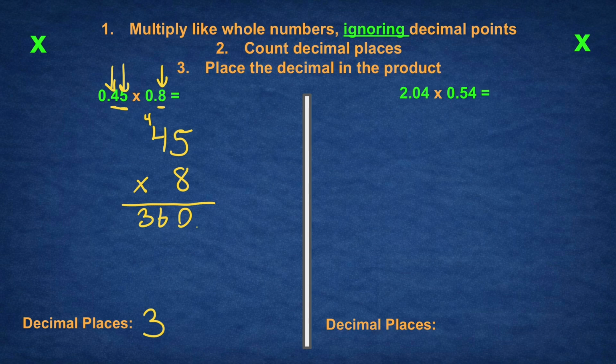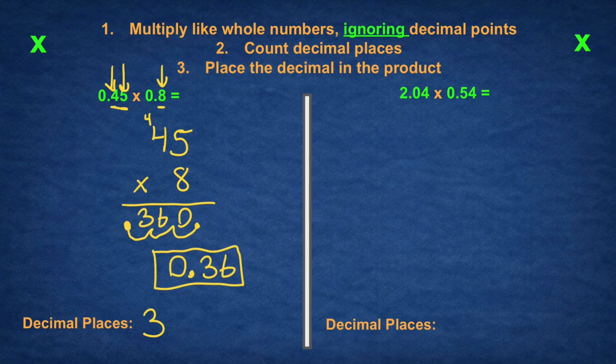So we're going to start here on the right and move our decimal point 3 places to the left. 1, 2, 3. And that's going to make our final answer 0.36 or 36 hundredths.